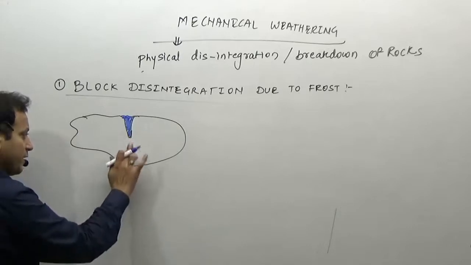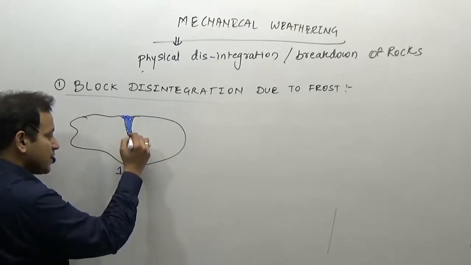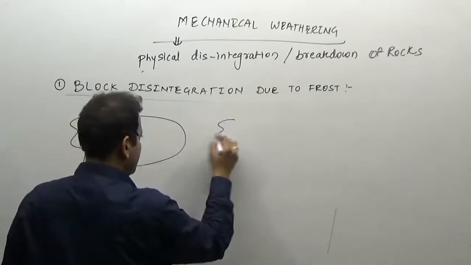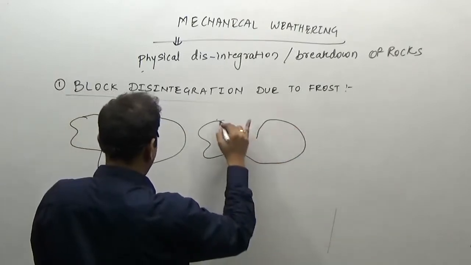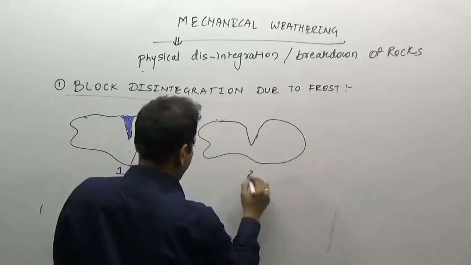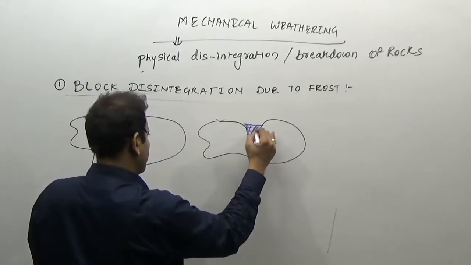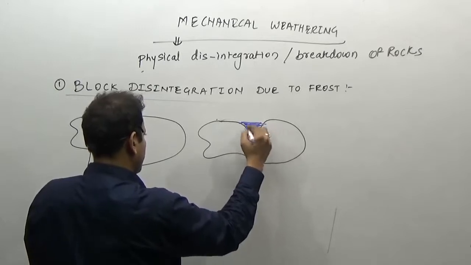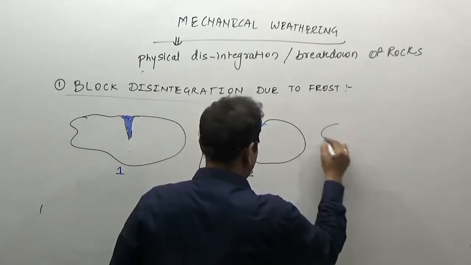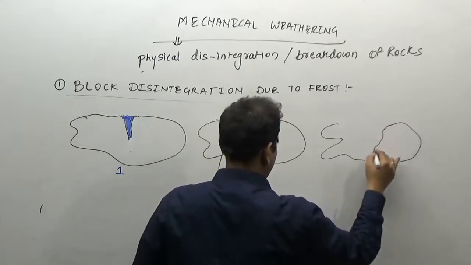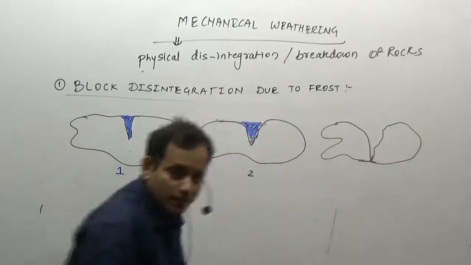When water gets converted into ice, there is an expansion in volume, and as a result this crack expands. Over a period of time, further expansion of this crack will result in the breaking down of the rocks.